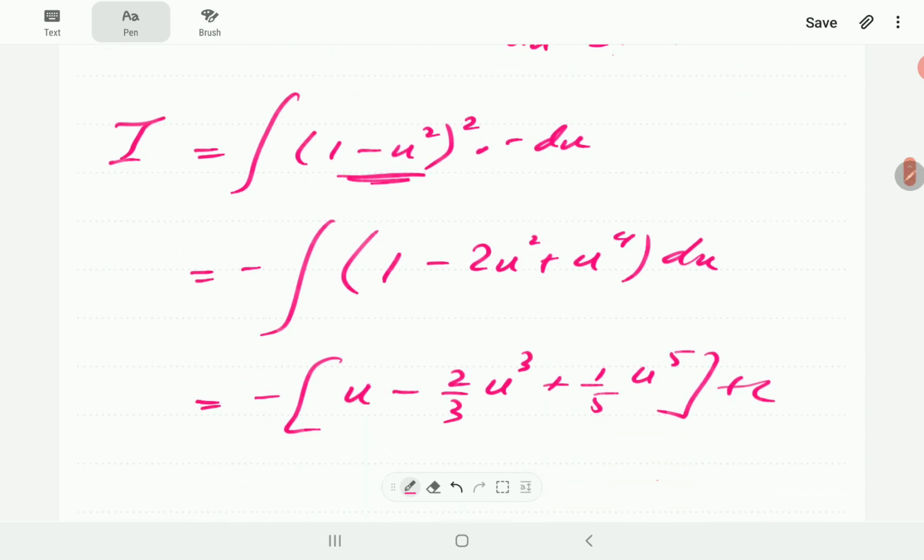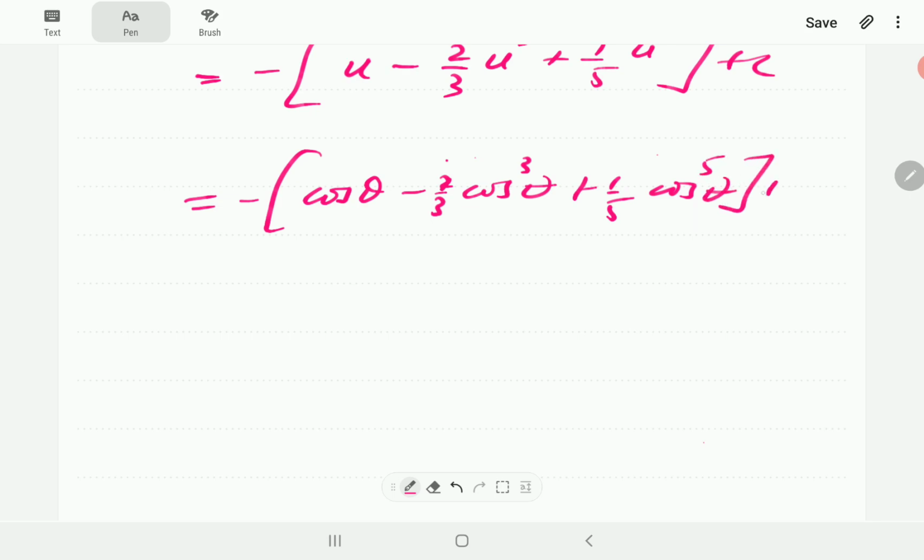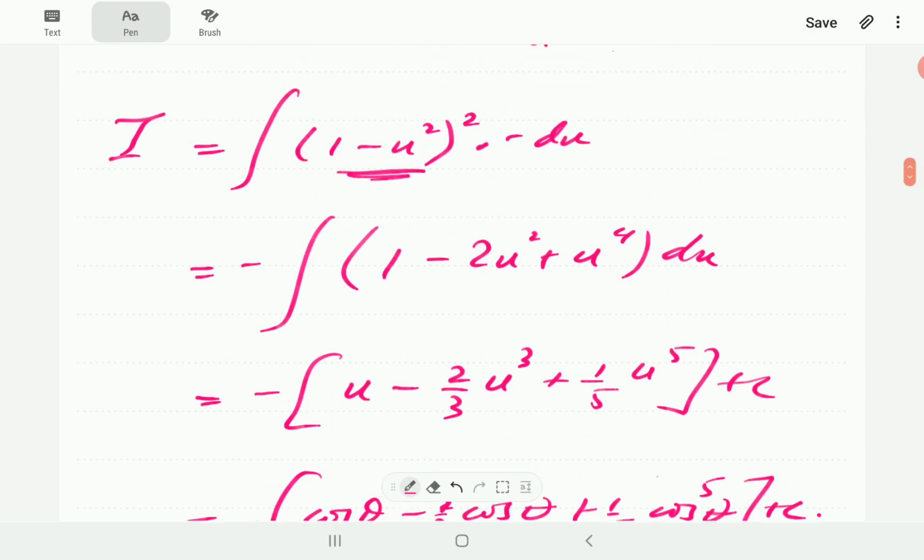And then since u is cosine, this is simply cosine theta minus 2/3 cosine theta cubed plus 1/5 cosine theta to the power 5 and plus c. So that is our D.